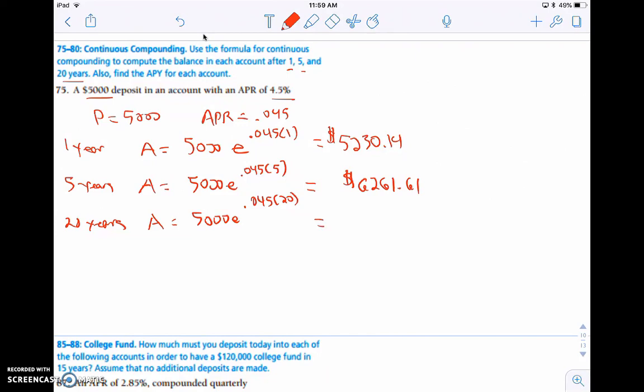So after 20 years, the value of this thing is $12,298.02. Okay, so that's after 1 year, after 5 years, and after 20 years. Now it also asks us to find what's called the APY, the annual percentage yield. That will be just a little bit later in this lesson.